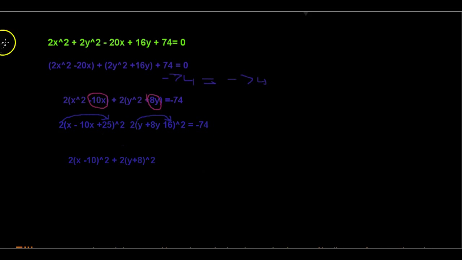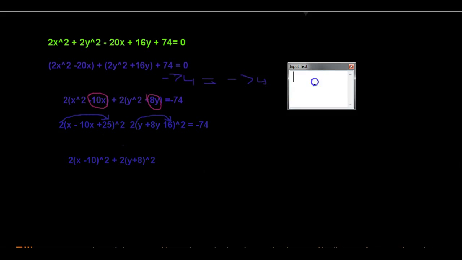Okay, so now we see here that we have 2x minus 10 squared plus 2 times y plus 8 squared, and this all equals 8. Right now it's not looking like it's going to go down right, because the square root of 8 is something that we do not like.